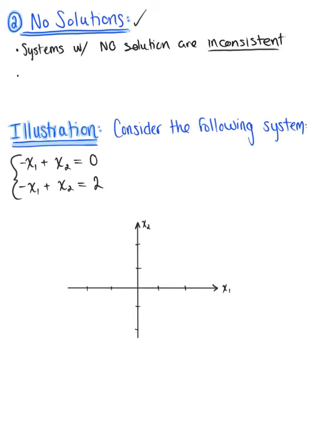So if we're thinking about a linear system here in R2, we say that the linear equations that make up this inconsistent system are independent of each other. So the linear equations that define this system are independent or distinct.